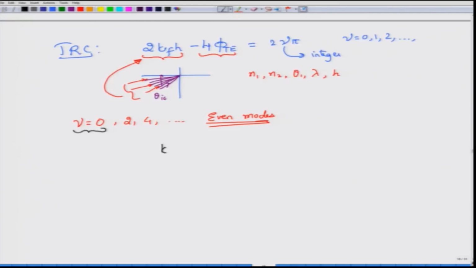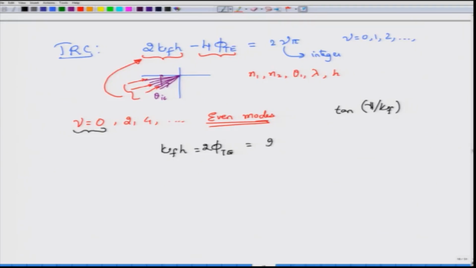On the left hand side I have kappa f h equal to 2 times phi t e, and I also know phi t e, which is the ratio of gamma to kappa f, as we have seen in the previous module.